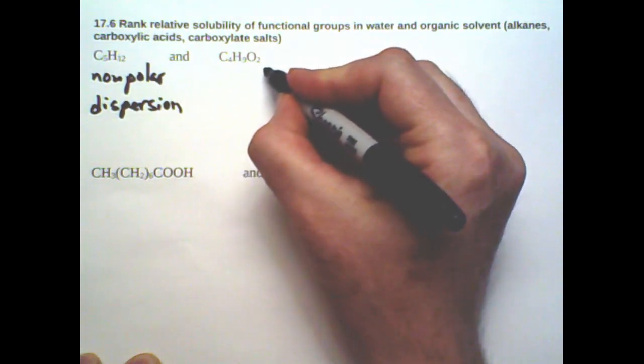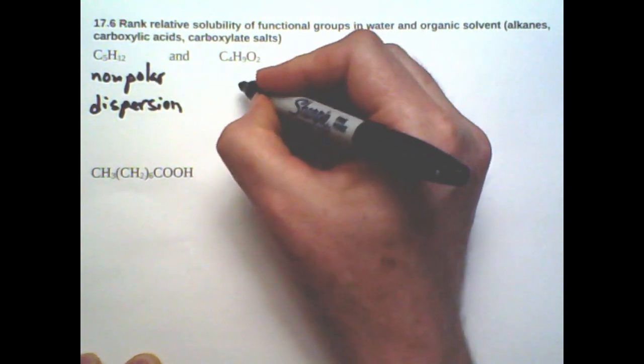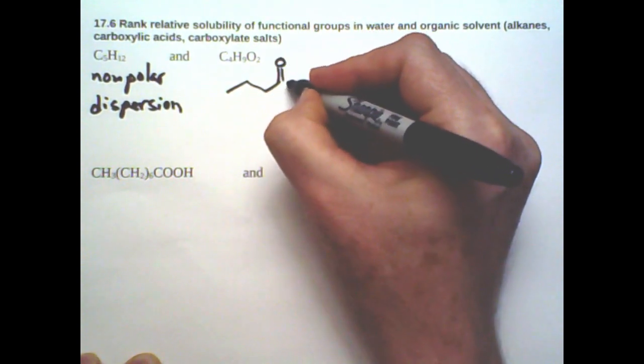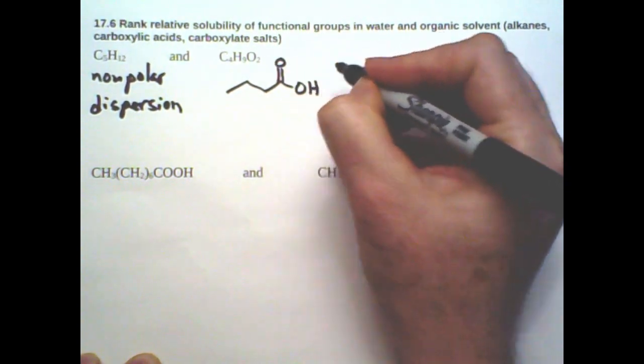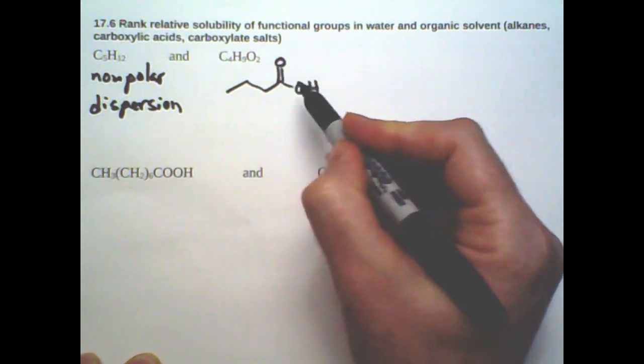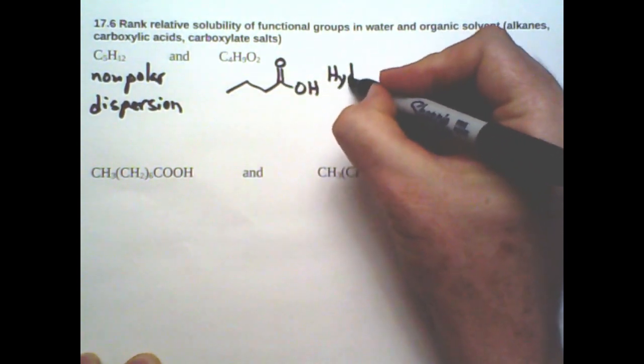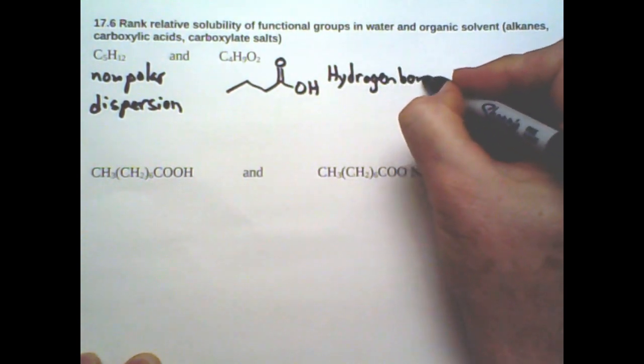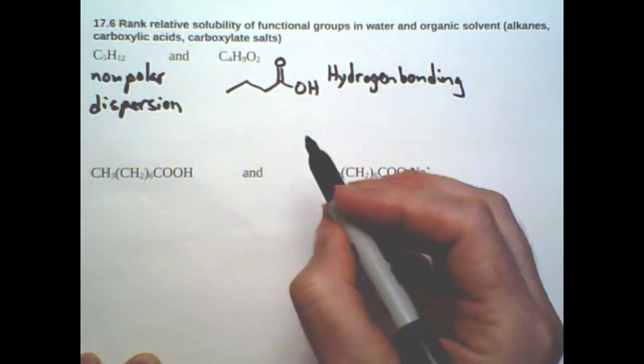And you look at this, and you're told it's a carboxylic acid, and you can draw it. 4 carbons with a carboxylic acid, and you look and say, here is a hydrogen bonding group.